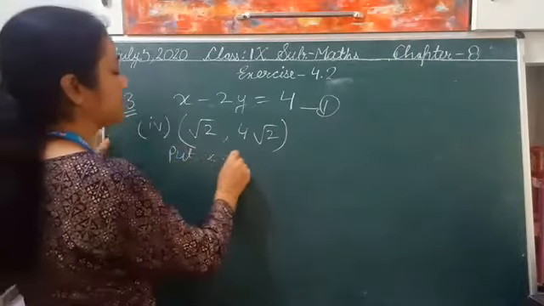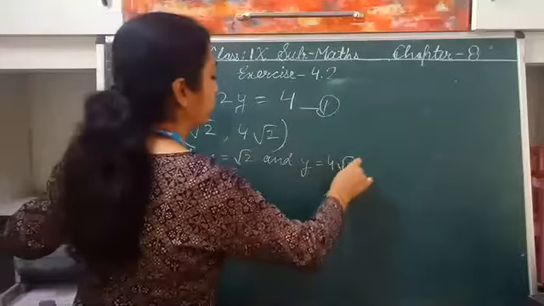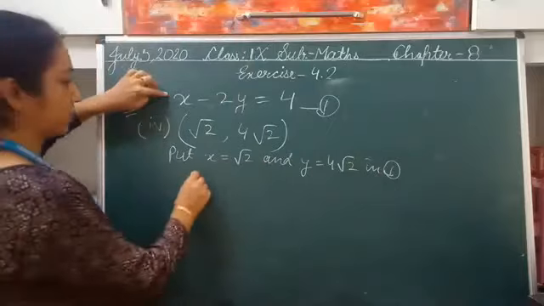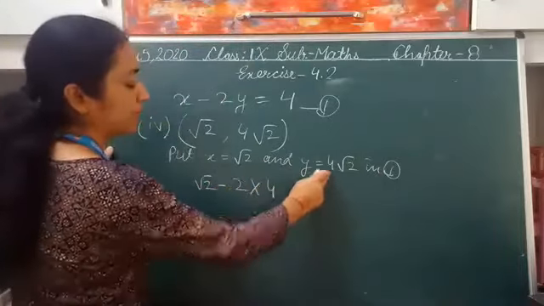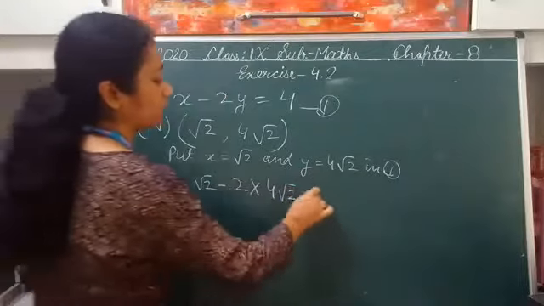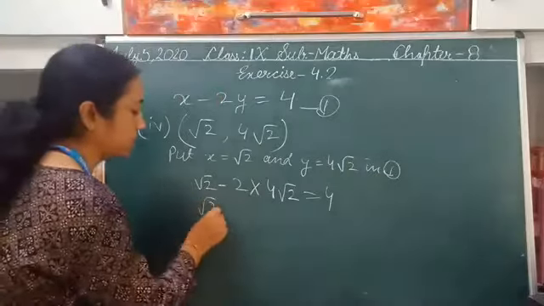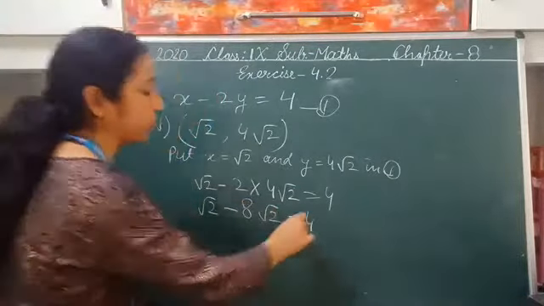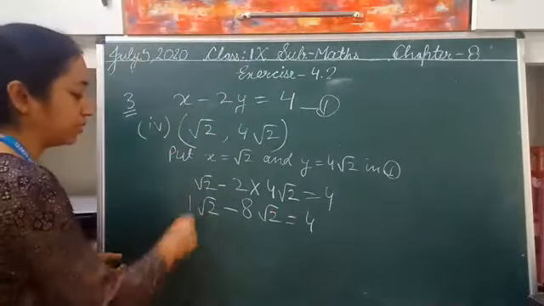X is equal to root 2 and y is equal to 4 root 2 in the first equation. You will get root 2 minus 2 into, at the place of y, 4 root 2. This must be equal to 4. Now this is root 2 minus 2 4s are 8, 8 root 2, this is equal to 4. How many root 2 are here? Nothing is written, means there is 1.